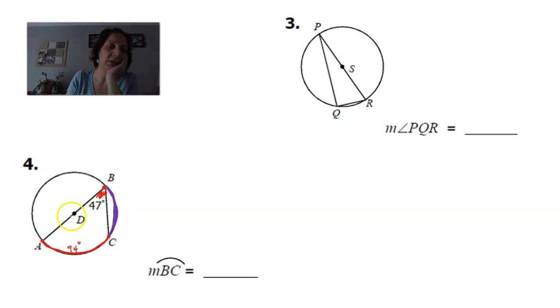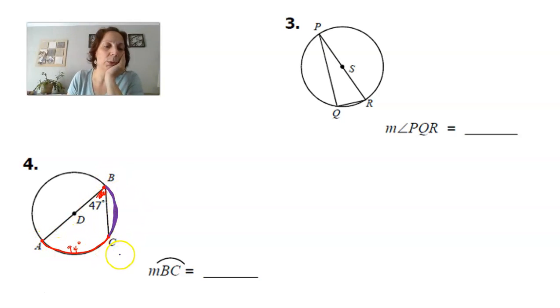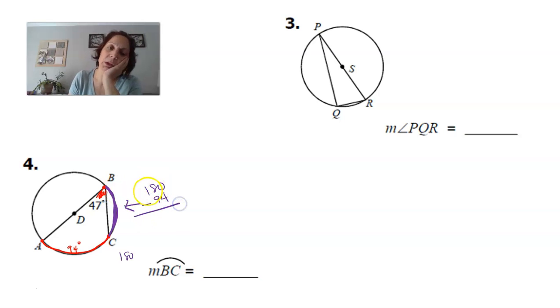So because this is a diameter, we know this over here, this whole thing has to be 180 degrees. So if I want to get to this arc, I just need to figure out what's left out of the 180. Right? So if this chunk is 94, what's left for this? I'm just going to do the 180 minus 94. So 66 degrees.